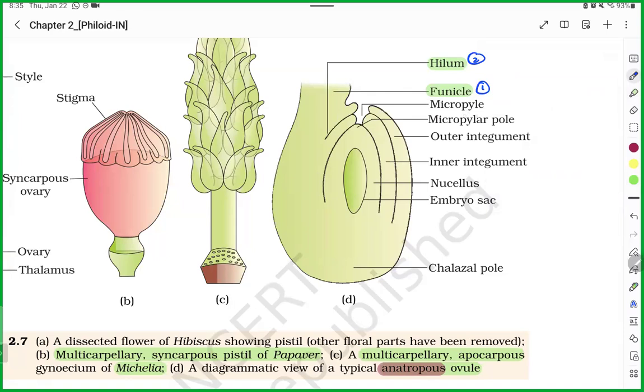You can write in sequence: outermost is the funicle, second is the hilum. The micropylar end is free. Then outer integument, inner integument, nucellus, and the centermost part, the embryo sac. Draw this diagram right now.